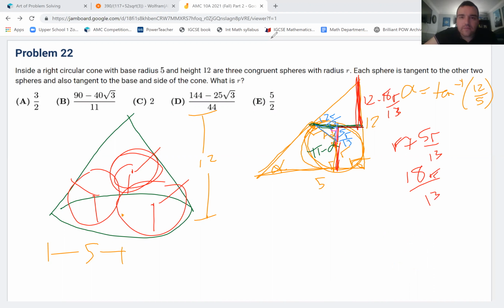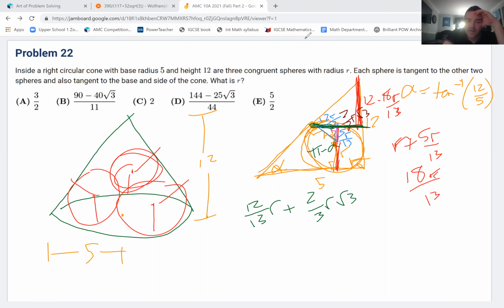So let me write that in the dark red. So that's 2/3 r root 3. So what does that mean? That means that this whole green line here is 12/13 r plus 2/3 r root 3.